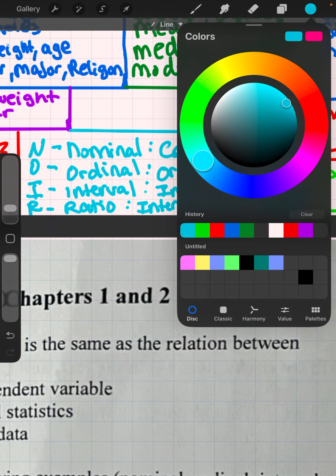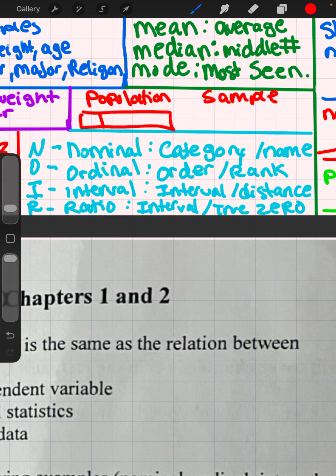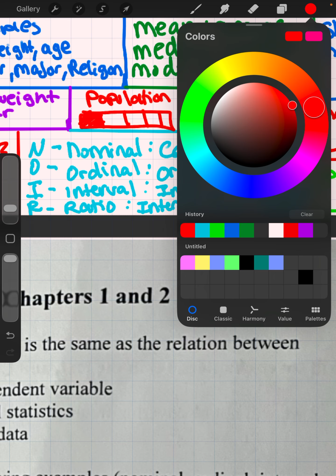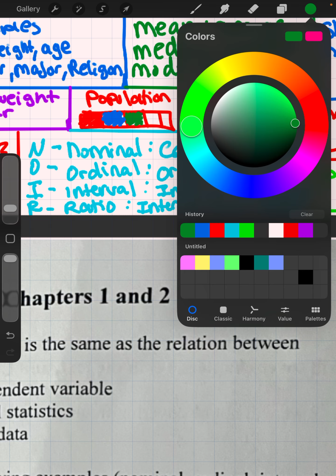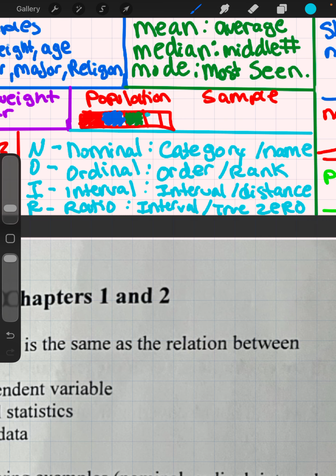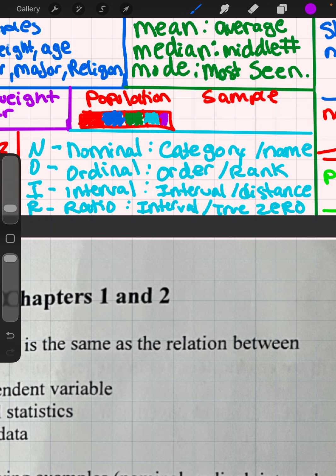Okay, and last up I wanted to talk about population and sample. So let's say this is red, this is blue, this is green, blue, purple.